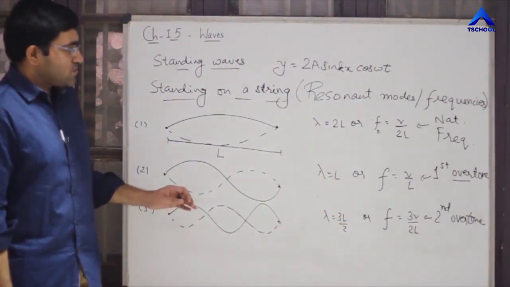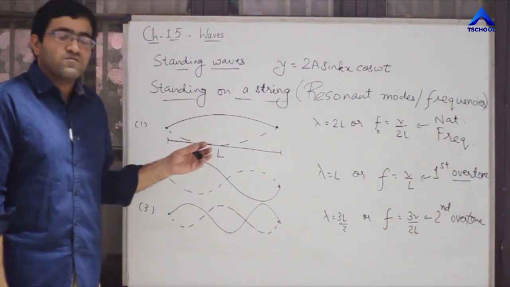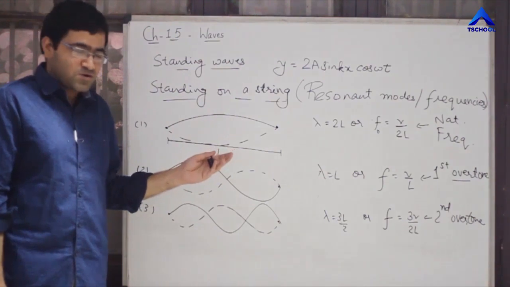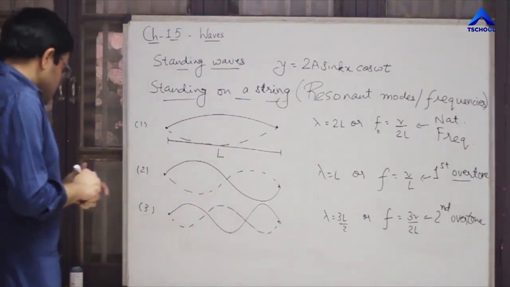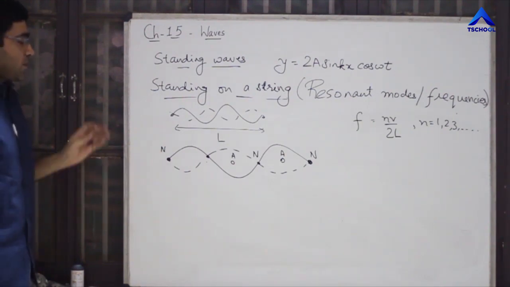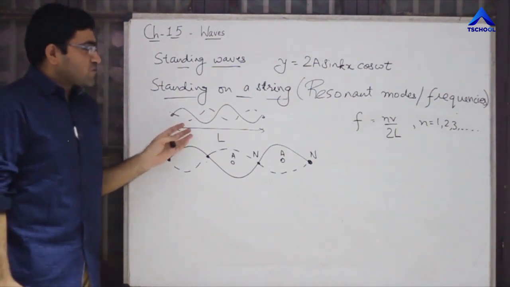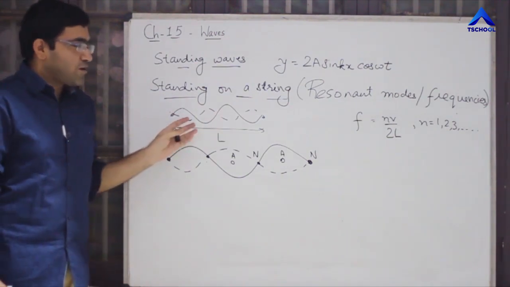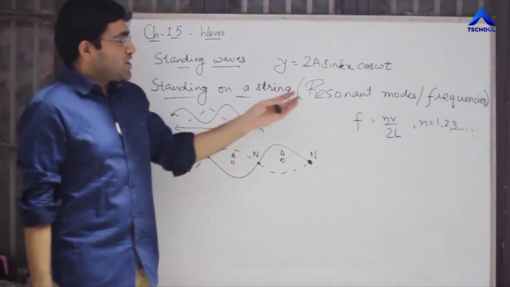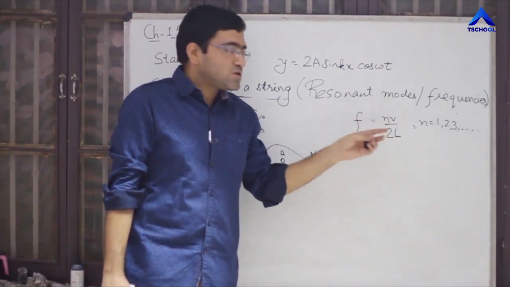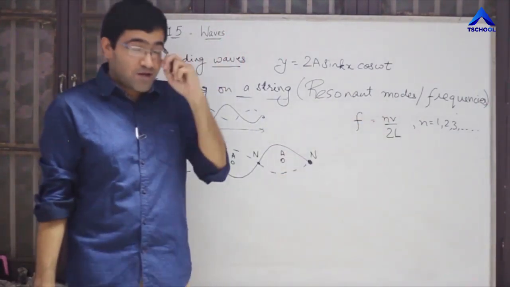Now you can actually think of a very general case for the diagram of the nth overtone. So that's what we are doing now. Here is a general diagram of some resonant mode and the corresponding frequency, nV by 2L. I'm sure you can easily recognize the pattern.